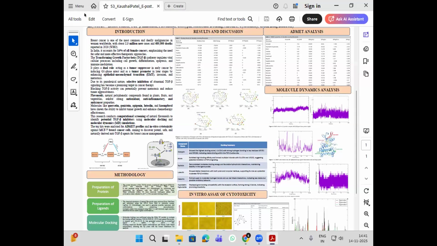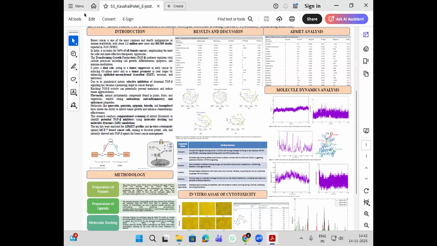Here we use GROMACS 2022.6 software, where we use a solvated TIP3P water box, and we use chloride ions for neutralizing the box, and we perform the molecular dynamics study under NVT and NPT conditions. We run the dynamics up to 100 nanoseconds, and we find out the RMSD, RMSF, hydrogen bonding, and PCA for the protein-ligand complex.